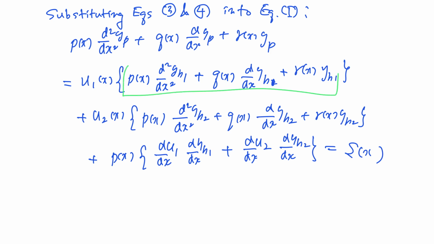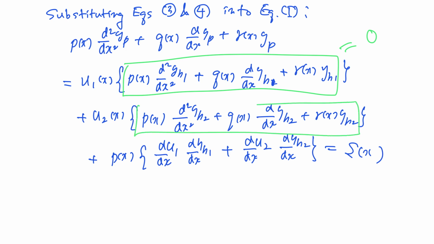What happens to this? y_h1 is a solution of the homogeneous differential equation, right? So what will happen? This will be 0, right? And this will be 0 too, right?